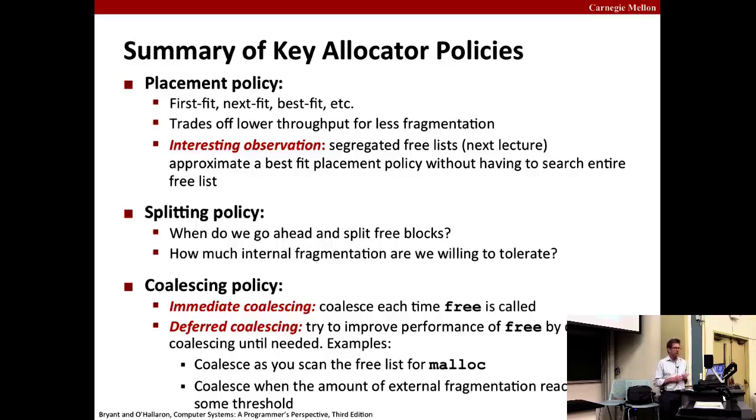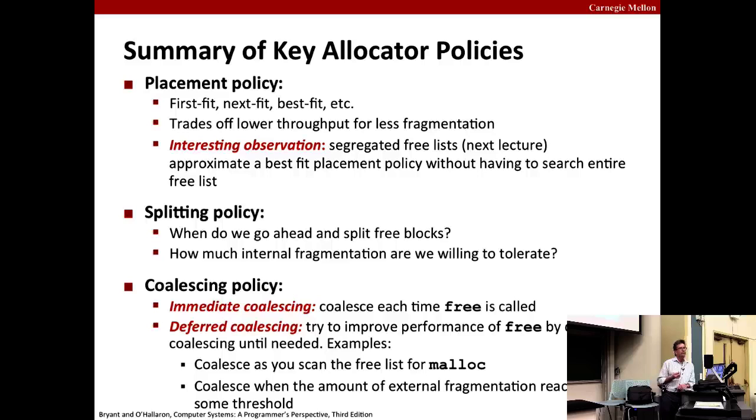So the faster versions, if you're willing to deal with lower throughput, like in the case of best fit, then you can get better memory utilization. Now there are interesting ways to improve the performance of best fit.